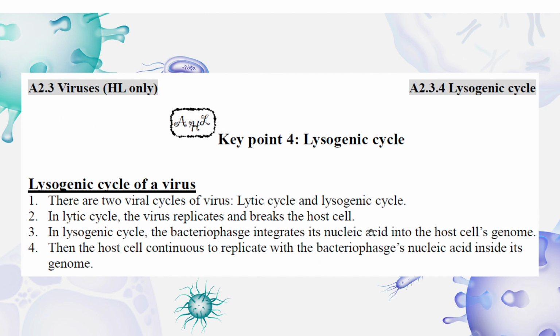So the virus uses the host cell to reproduce continuously and doesn't destroy it by bursting out. The host cell continues to replicate the bacteriophage's nucleic acid inside its genome. So the difference between the lytic and lysogenic cycles is that lytic bursts out and kills the host cell, while lysogenic lives with the host cell for a longer time.